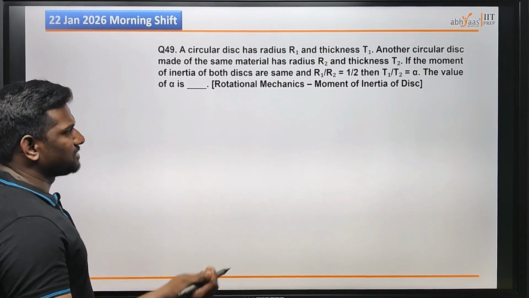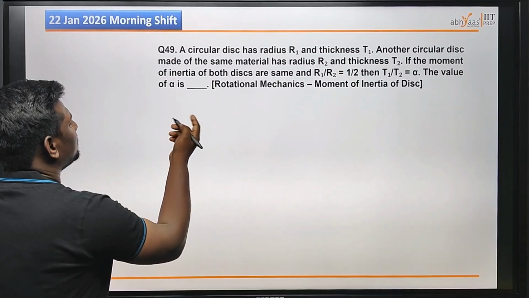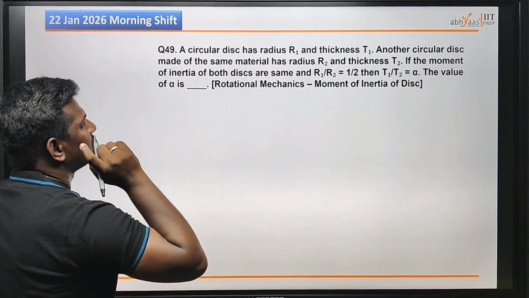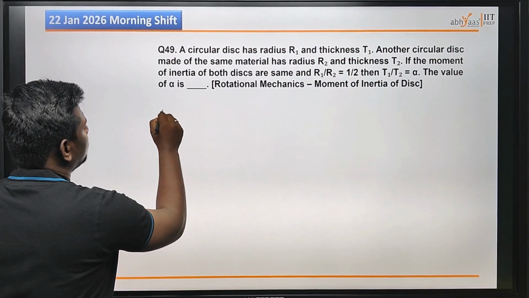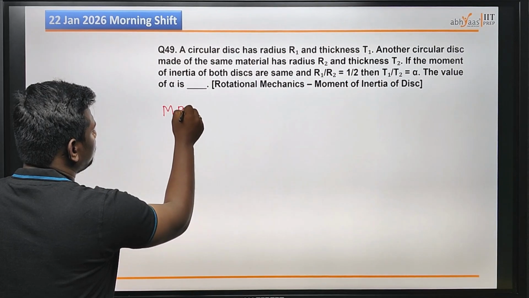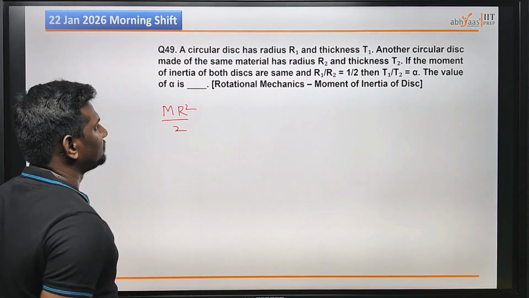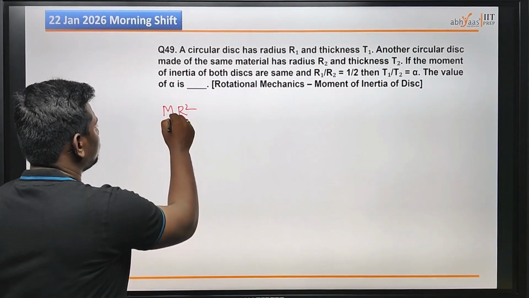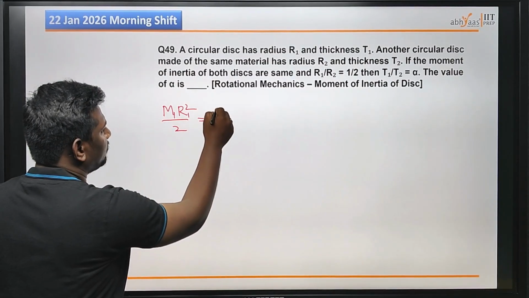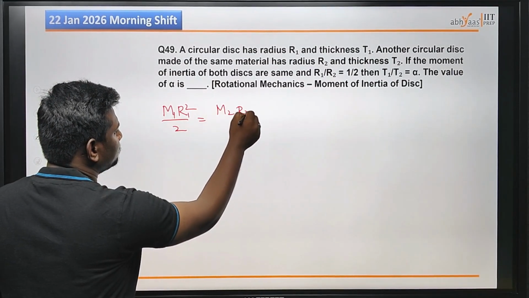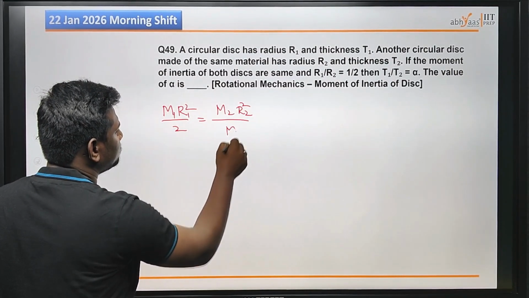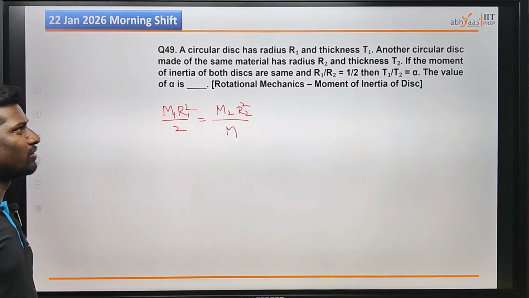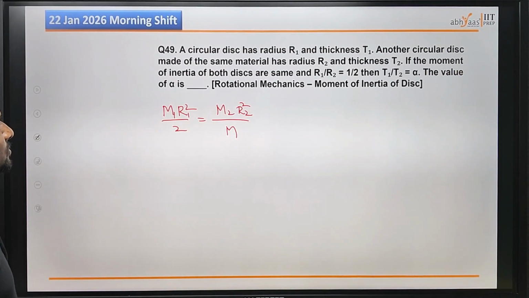First of all, what is the moment of inertia for the circular disc? That is mr square by 2, for body 1 and body 2.